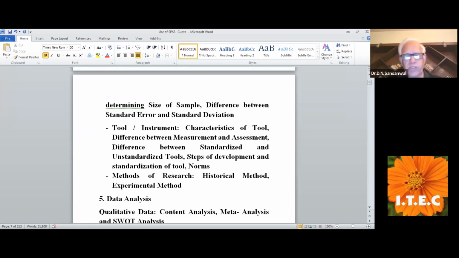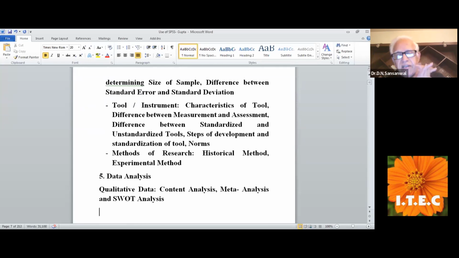SWOT means strength, weakness, opportunity, and threat. So you should know about that.